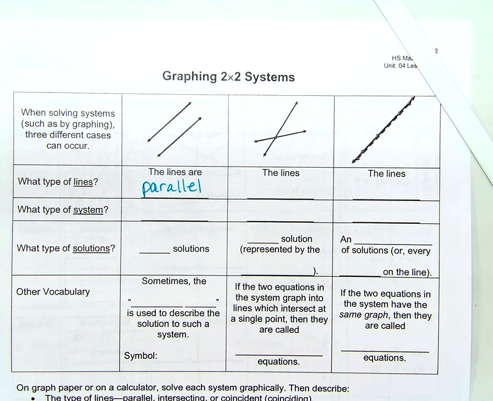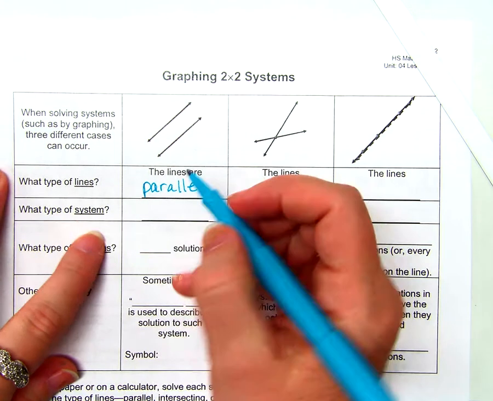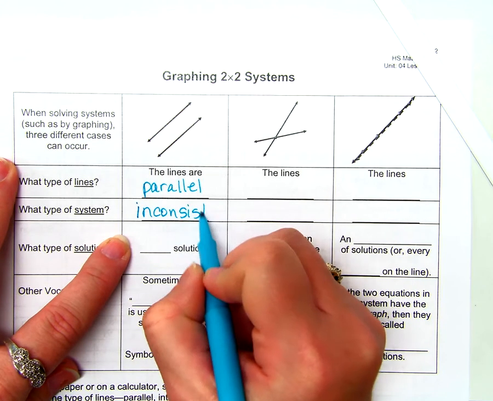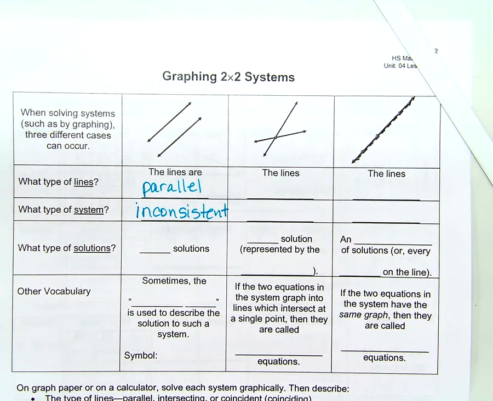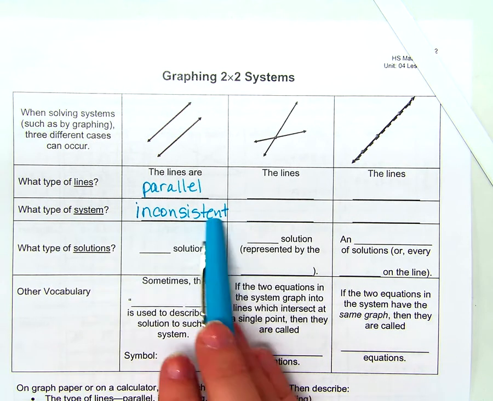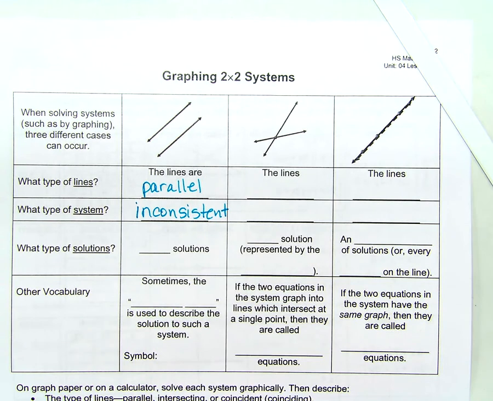Are you ready? Whoa, whoa. Settle down. You're a little too excited about that. This type of system is called inconsistent. We're going to come back and talk about this when we get this whole table filled in. I just want you to get the vocabulary down for now. Okay?